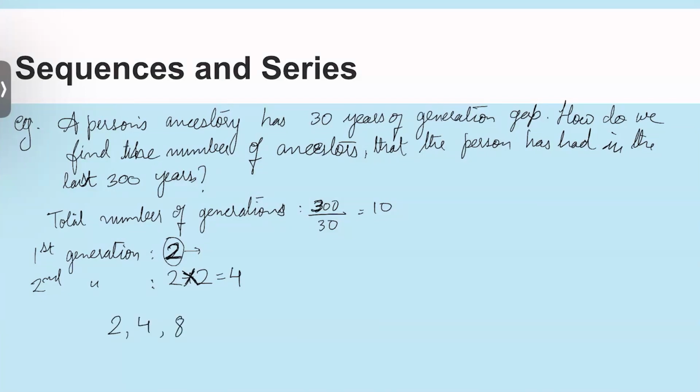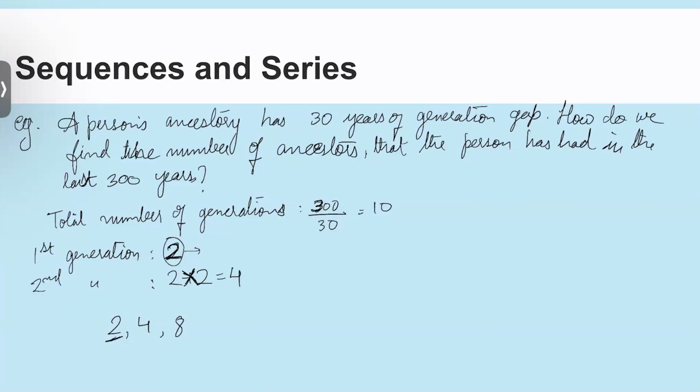So how is that happening? One person from the first generation has to reproduce another person in the next generation, but the other two will also be there. So in the second generation, the number of ancestors would be 4. Then similarly, it will go on increasing, because as your generations increase, your reproducibility also is increasing.